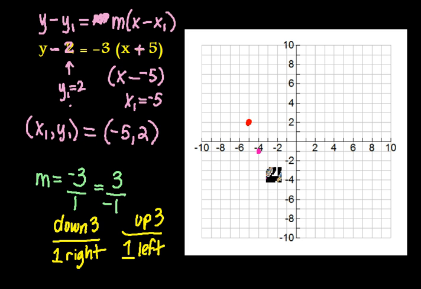Down 3, 1 to the right. It's the same thing as up 3, 1 to the left. Up 3, 1 to the left, and so on. And that way I can graph my line and try to make it as straight as possible.